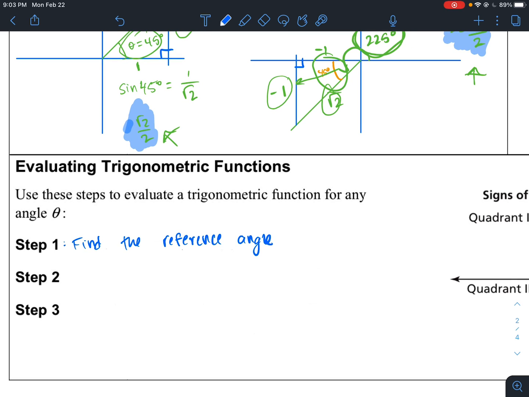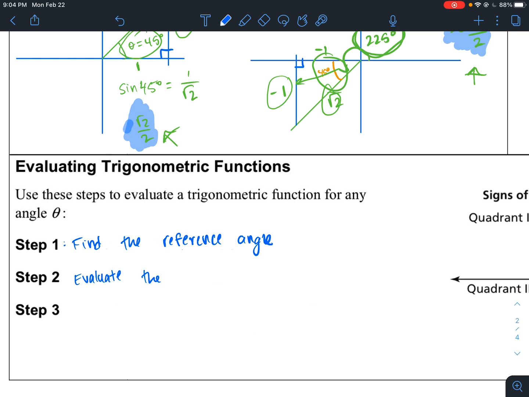Now, step 2 is to evaluate the trig function. Excuse me, I'm messing up my writing.